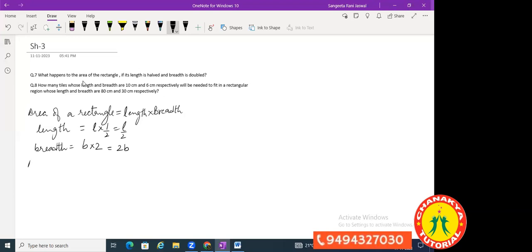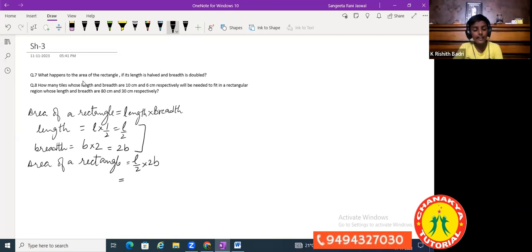Now what happens to the area with this? With these new parameters, area of a rectangle will become L by 2 into 2B. Have you understood till here? Yes. Now we need to cancel the 2.